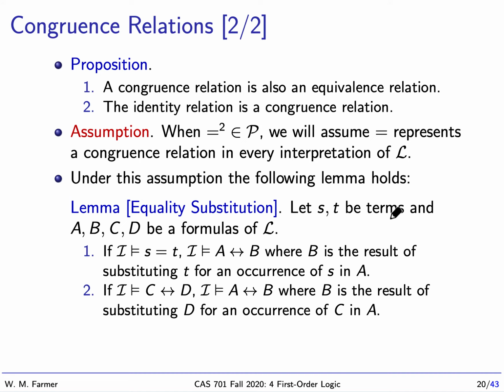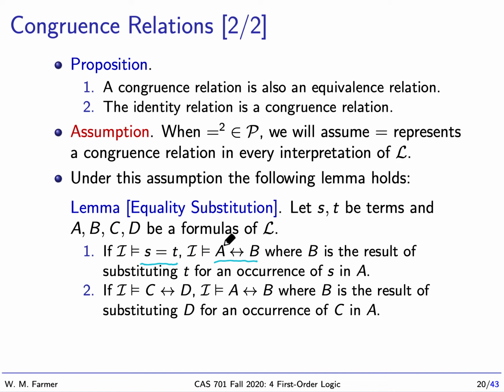So if S and T are terms, and A, B, C, and D are formulas of L, then if S equals T is valid in I, then A equivalent to B will be valid in I, where B results by substituting T for S in A. So basically we did an equality substitution.